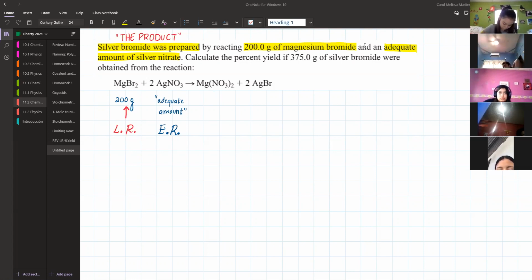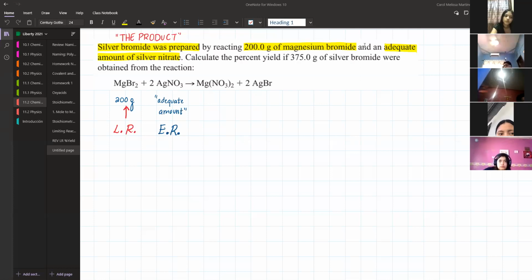So in this case, the problem is already giving us, not directly, okay, the limiting reactant. And what depends on the limiting reactant? The theoretical yield or the actual yield? Which one depends on the limiting reactant? The theoretical yield, okay?